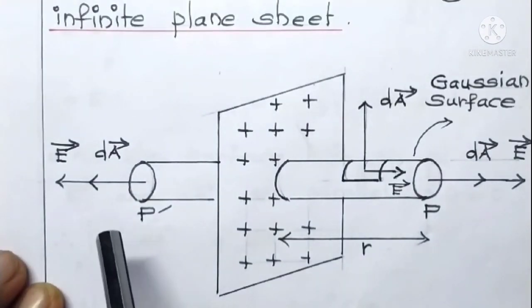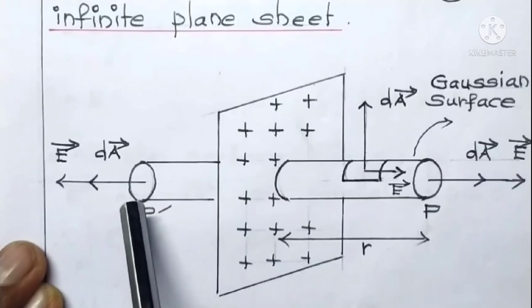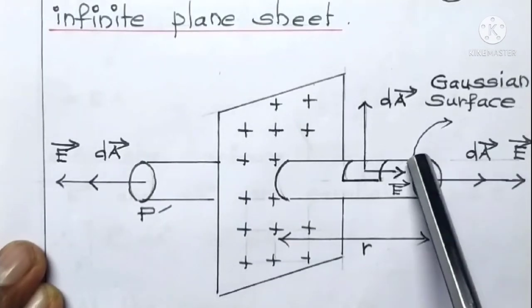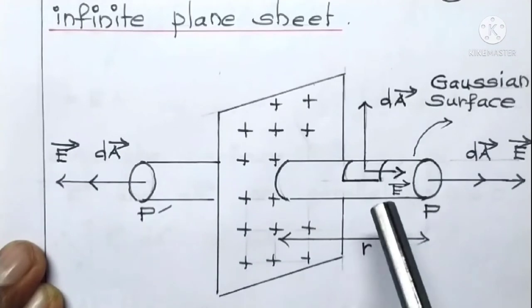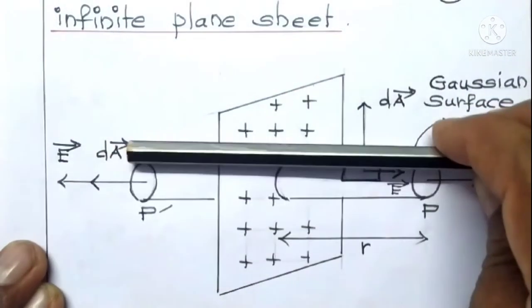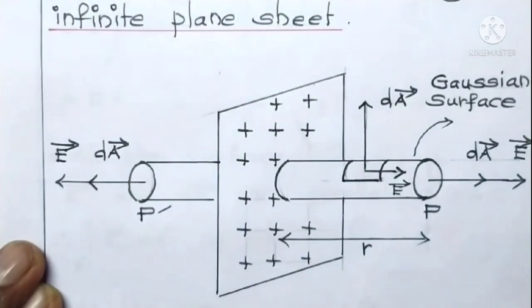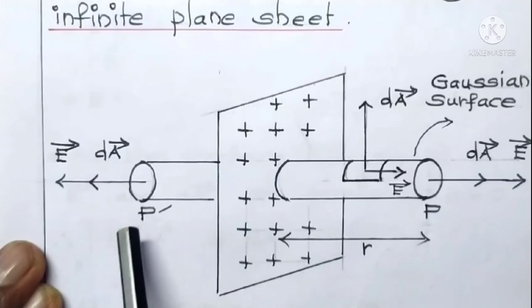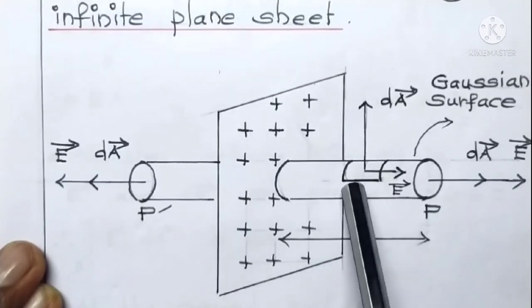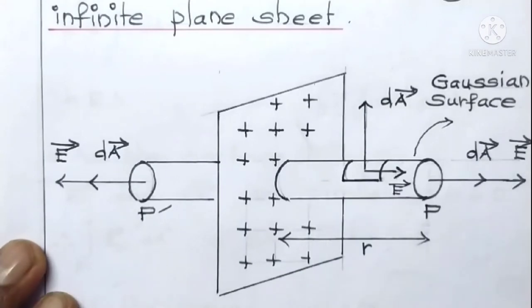Now let us take three regions. One is this circular region, another one is this circular region, and the third one is this curved surface of this cylinder. Let this region be P and this one be P dash, and here also I have taken a small surface.